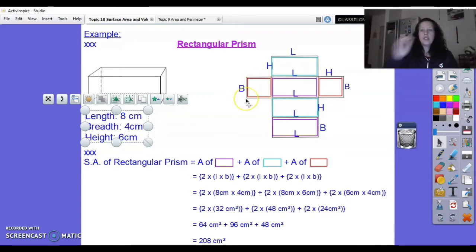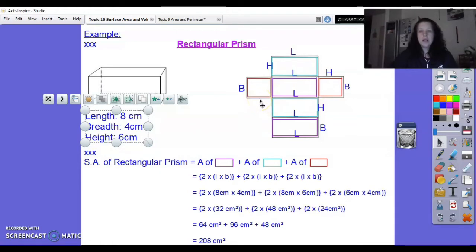Right, so the surface area, you can see that I have got 1, 2, 3, 4, 5, 6 rectangles as well. But I have 3 matching pairs when it comes to a rectangular prism. So I have 2 turquoise rectangles, 2 purple rectangles, and 2 red rectangles.